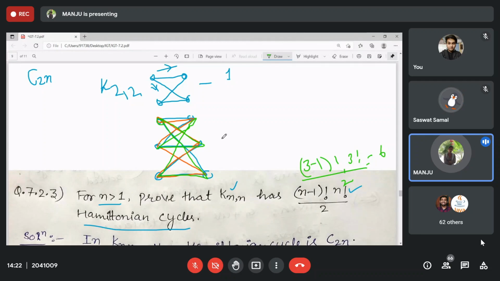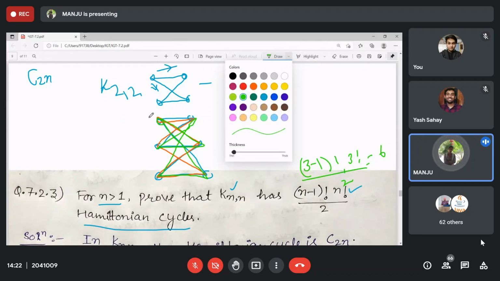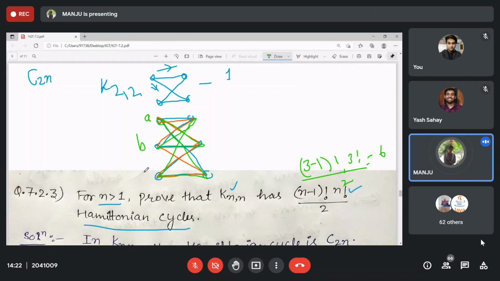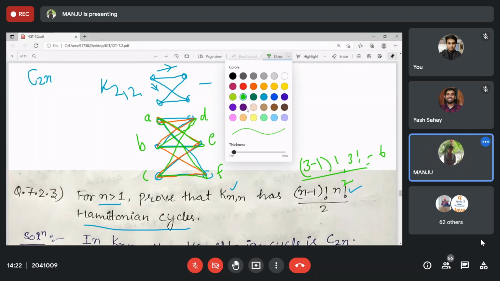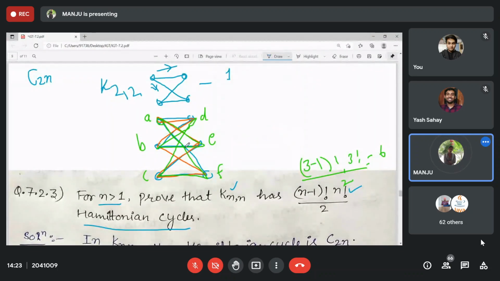So 3 we got. What about the other ones? Let me label it A, B, C, D, E, F. 3 more we want. So how many ways? Tell me.